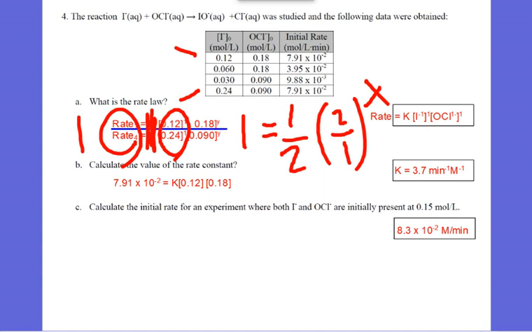K's have to be the same value, they cancel out. We know the impact of the iodine, so we know they're both to the first order. So that doesn't really do anything mathematically other than stay as 1/2. And so the last component, 0.18 over 0.09, is the same as 2, and we need it to be 2 to make the whole equation equal, so x must be to the first order.